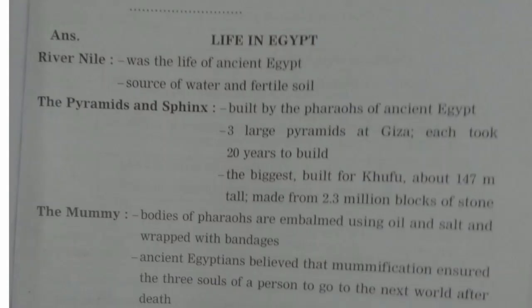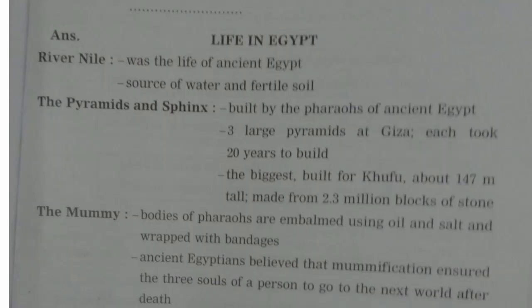Now, if this passage is given to you, you will get a kind of table, and you have to fill in the details relevant to the table. So the title that we give is Life in Egypt, and there are 3 blanks which you have to fill in.